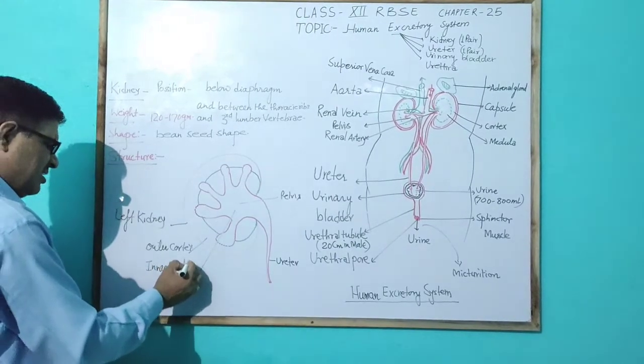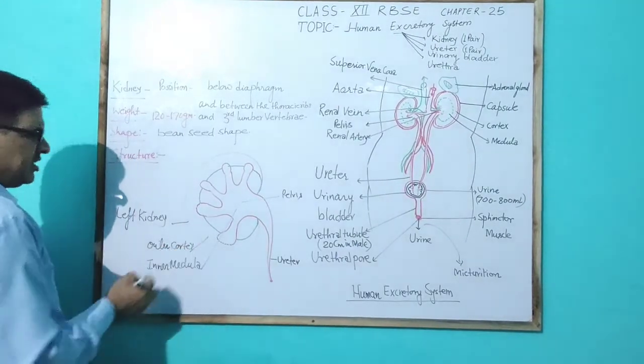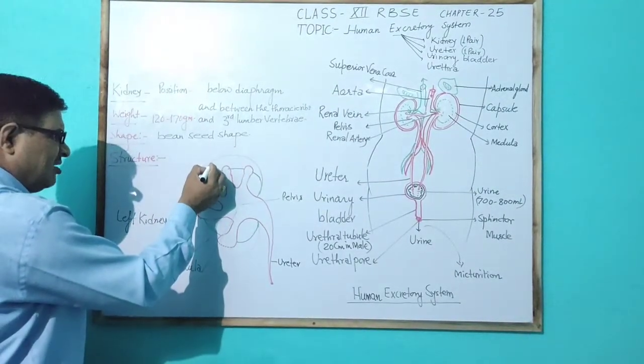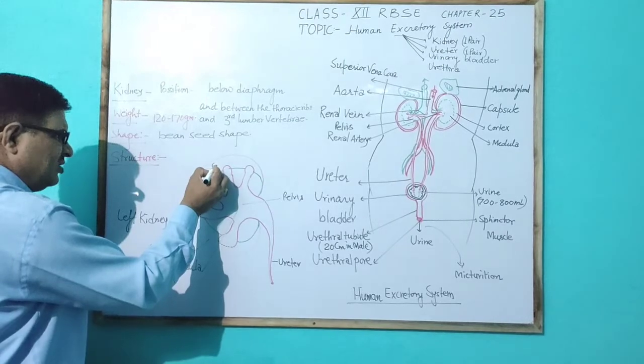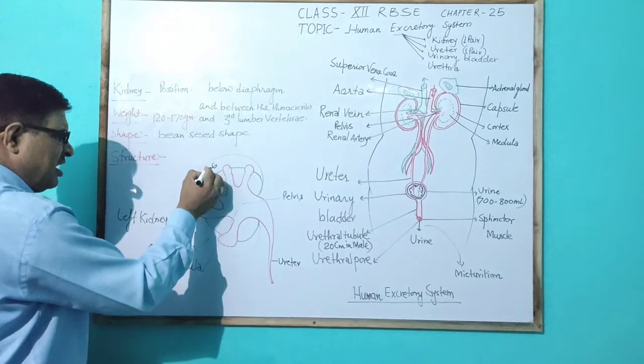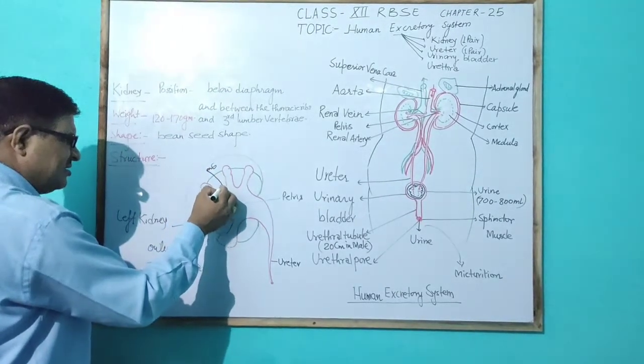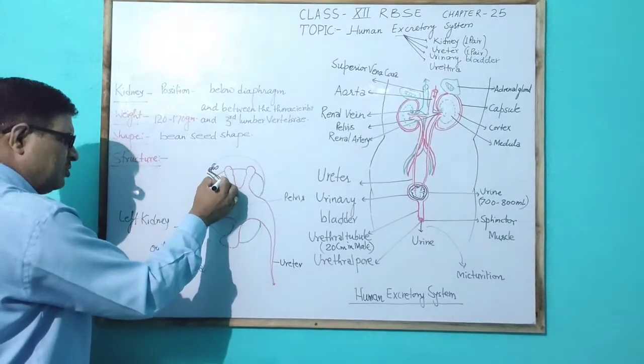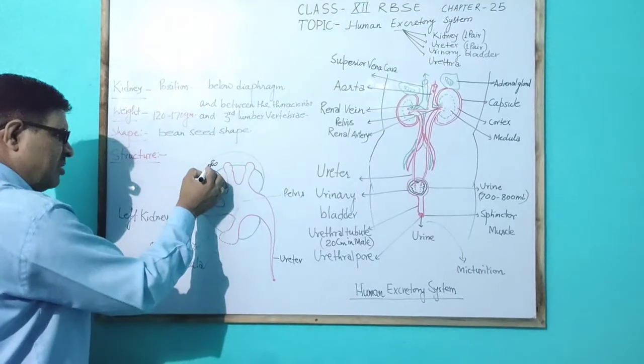Here in the cortex part, generally the nephron's PCT part is present in the cortex, and the Henle loop reaches into the medulla part.